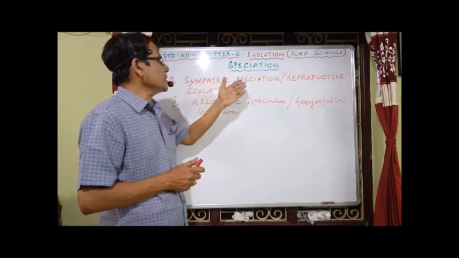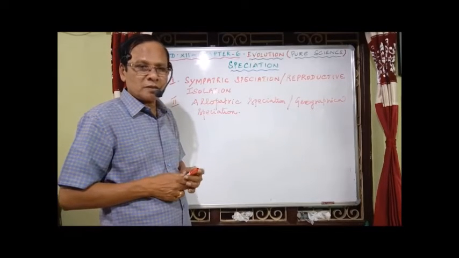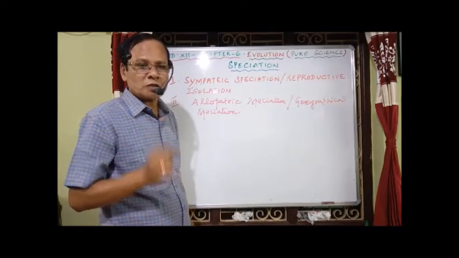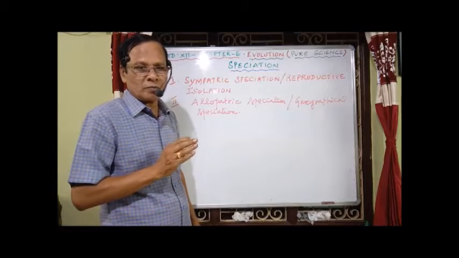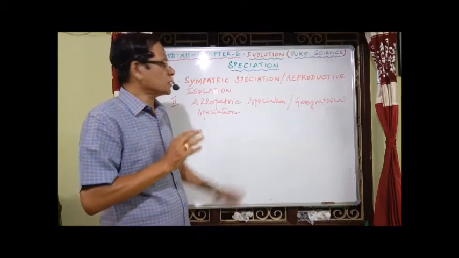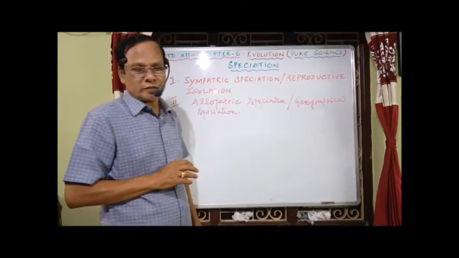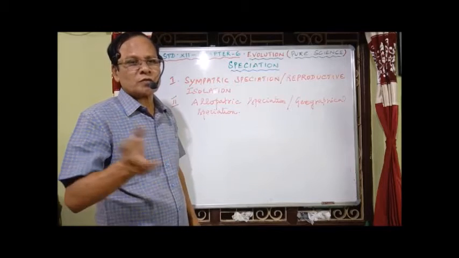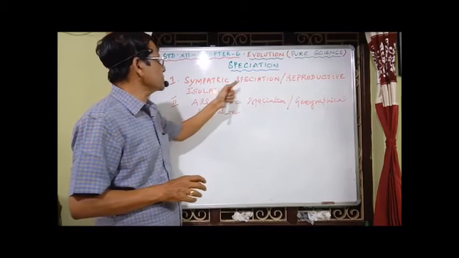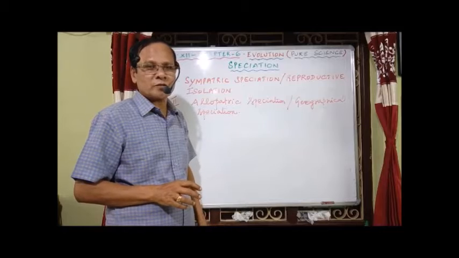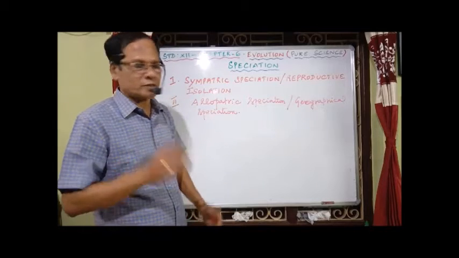So sympatric speciation resulted because of reproductive isolation, not by geographical isolation.